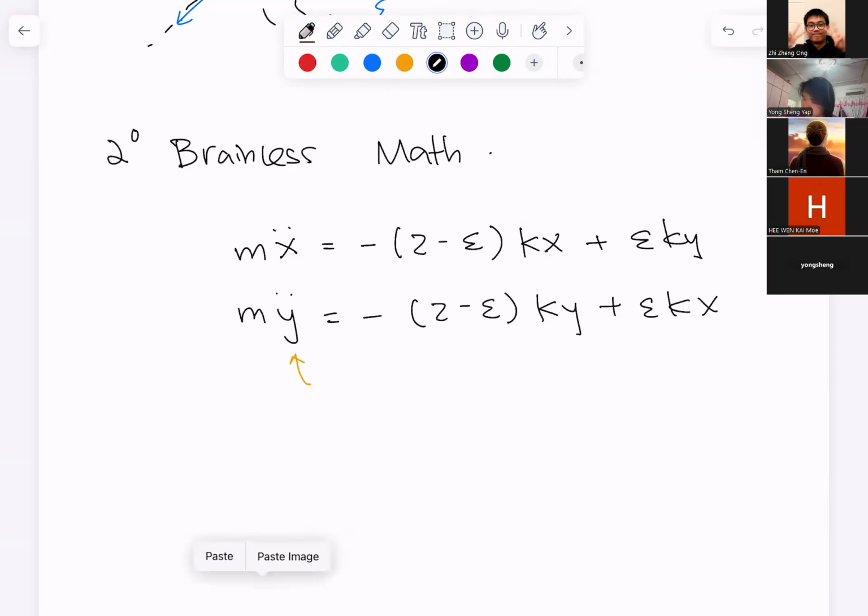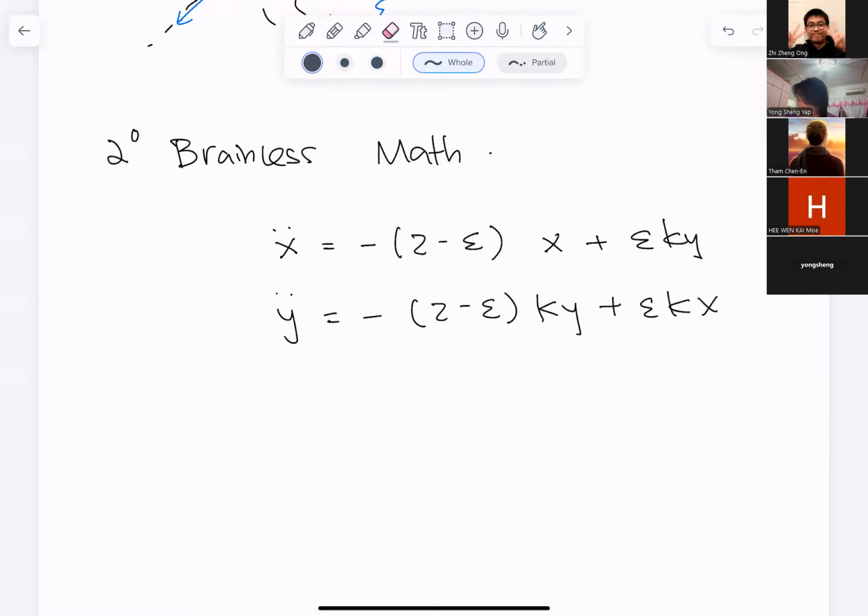So, for simplicity, I'll rewrite this equation of motion, and I will call k divided by m to be omega squared. So this will be just omega squared y, omega squared x.